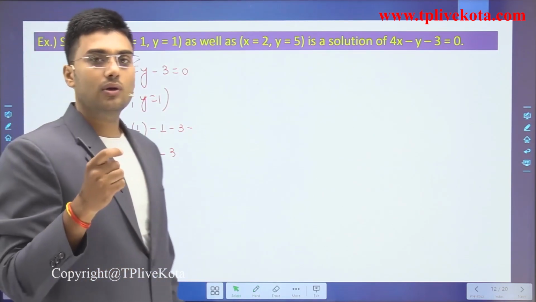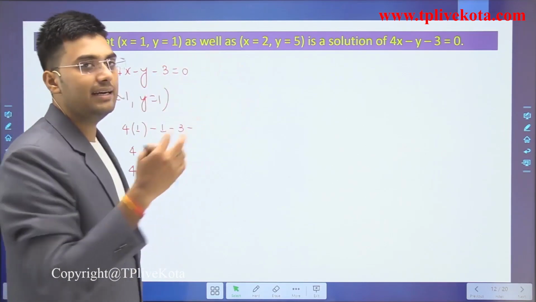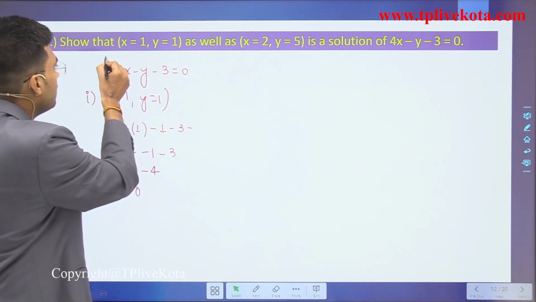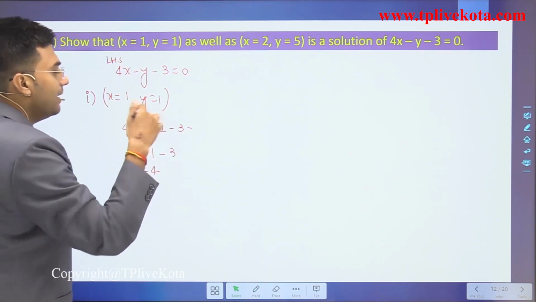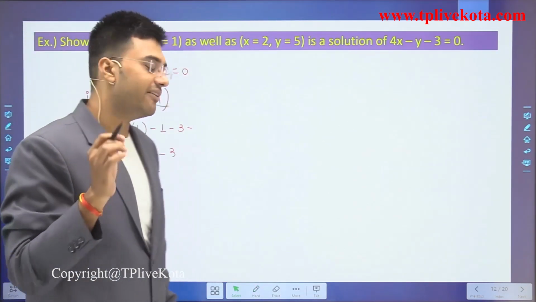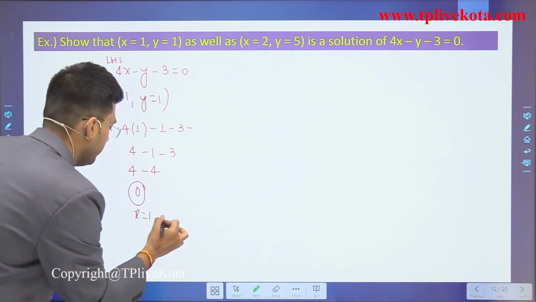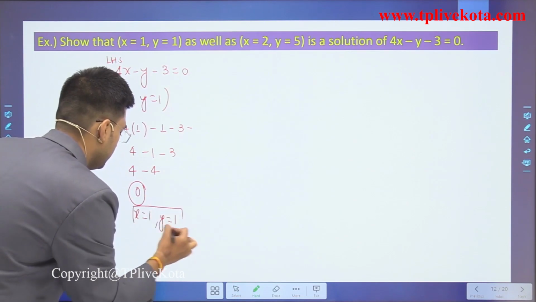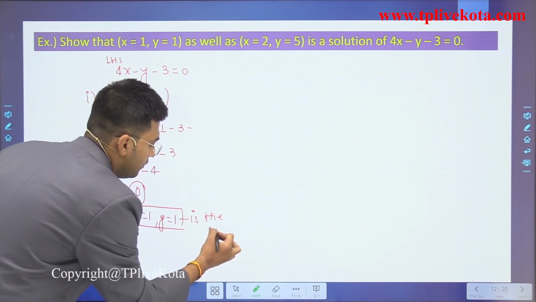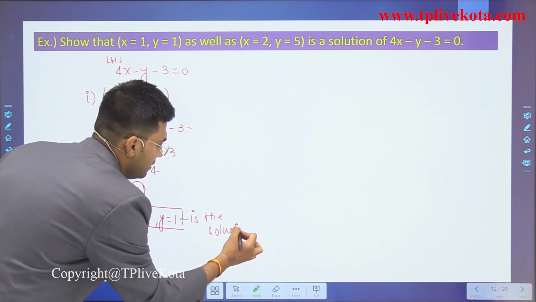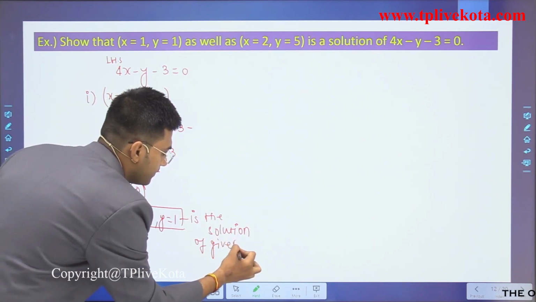So this ordered pair equates the left hand side and right hand side of the equation. The left hand side becomes 0 and the right hand side is already 0. Then we can say that x equal to 1 and y equal to 1 is a solution of the given equation.